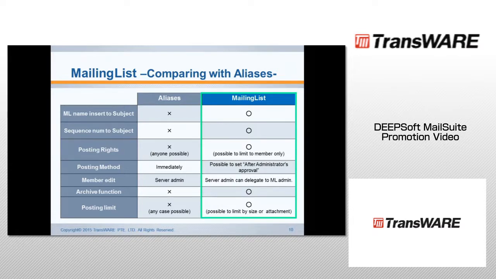Furthermore, when you change the member addresses registered on the list, in the case of aliases, the right to change is provided only to the system administrator. While in the mailing list, an end user who is delegated the rights as the mailing list owner can edit the list. Accordingly, MailSuite is made for smoother communication.